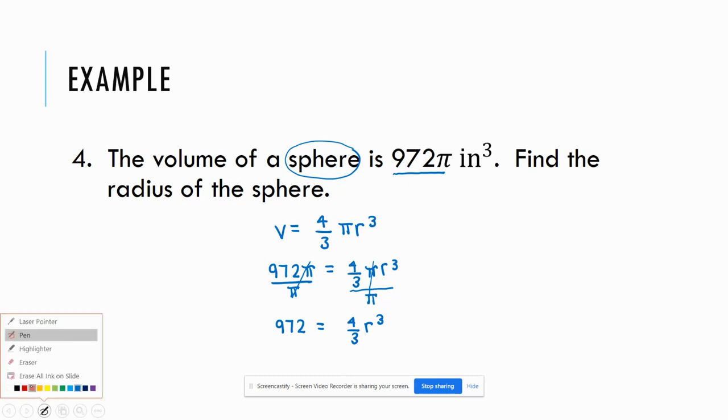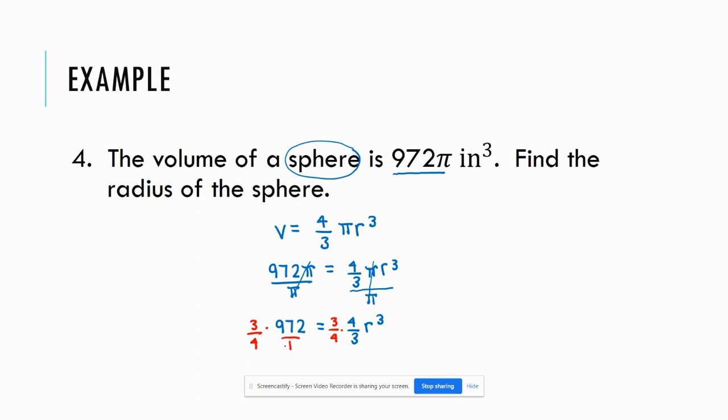So because there is a fraction in front, you can divide by that fraction because the fraction is being multiplied by the radius cubed. However, I always have talked about instead, let's multiply by the reciprocal. And so if I multiply by the reciprocal, which is 3/4, I have to do it to both sides. Think about that. 972 is over 1.